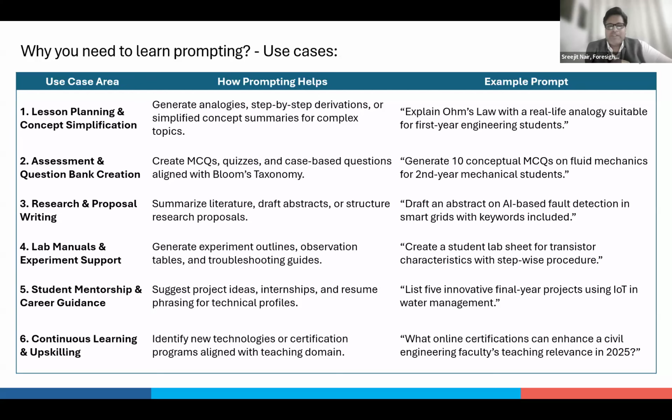Research and proposal writing, say, and this is a gray area. By research writing, a lot of responses come that if we are using it for research, isn't that copying or plagiarizing the entire work?